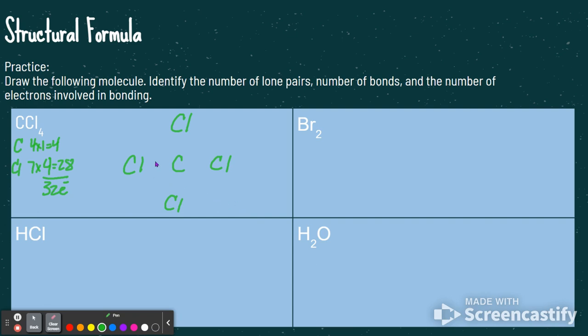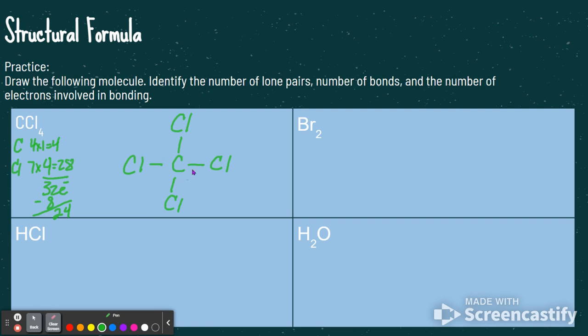All right, so then everybody gets 1 bond. And I just used up 8 electrons, so we're going to subtract 8, and we're going to get 24. Then I've got to go ahead and place my lone pairs of electrons around my terminal atoms, because right now each terminal atom only has 2 electrons.